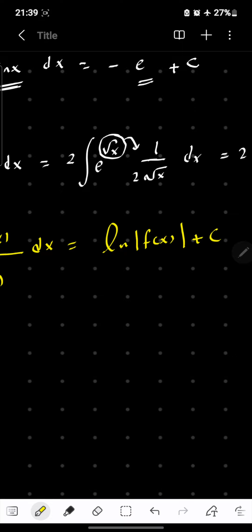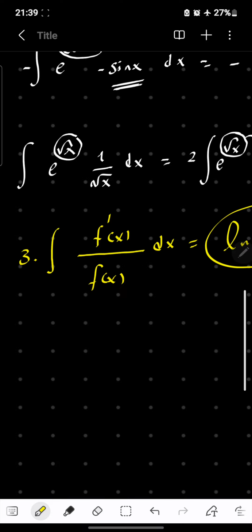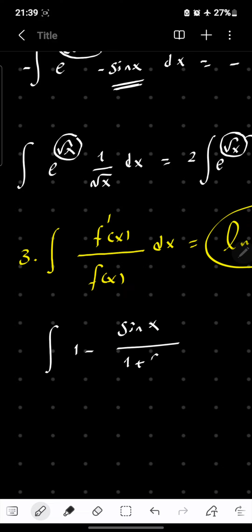I will say it again, you cannot do this if the derivative is not here. So let's take an example: the integral of (1 minus sine x) over (1 plus cosine x) dx.